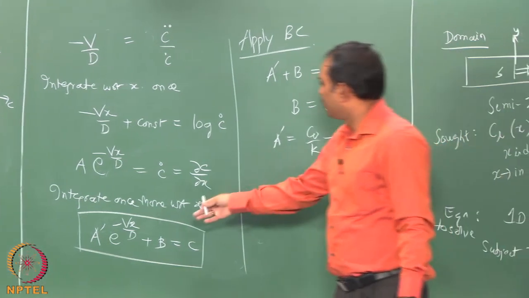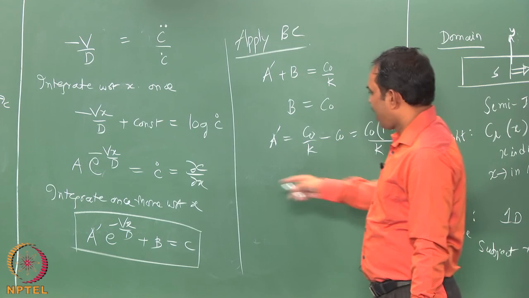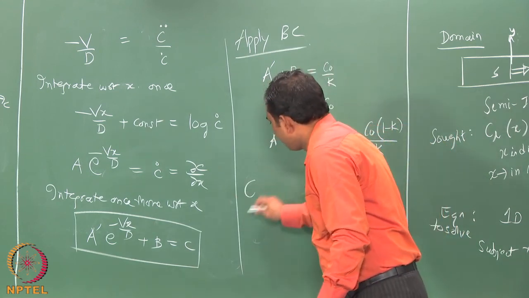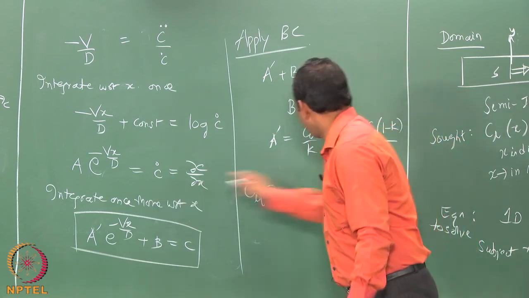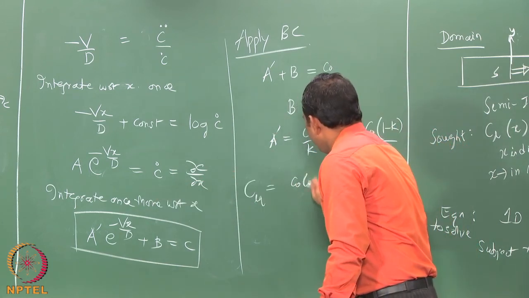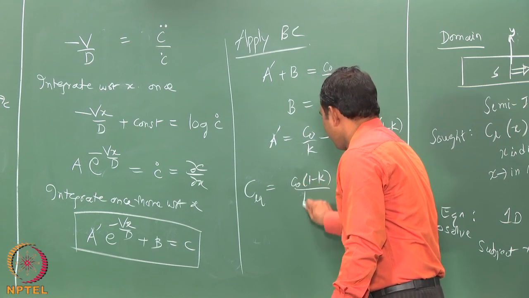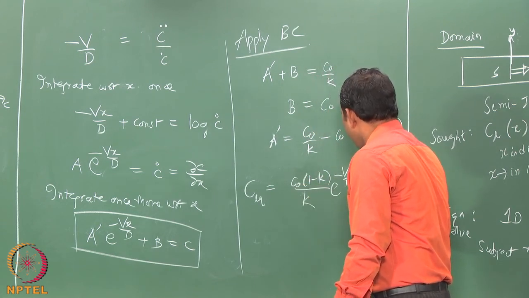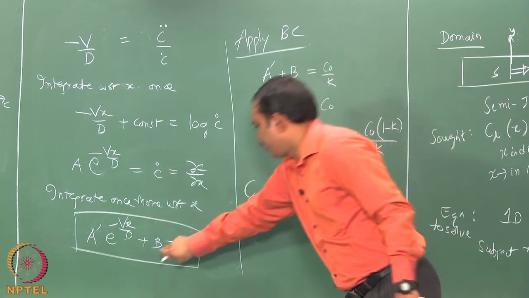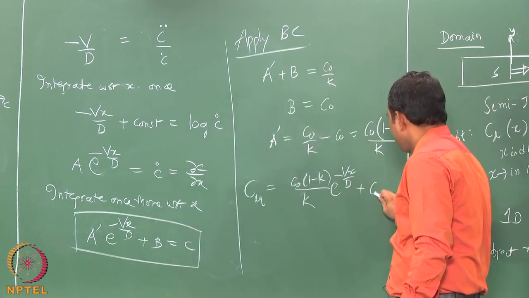So, you substitute both of these into that equation and you will get the solution as follows. Composition of the liquid is given by a prime, that is this, c naught into 1 minus k by k e raised to the power of minus v x by d plus b, which is c naught.